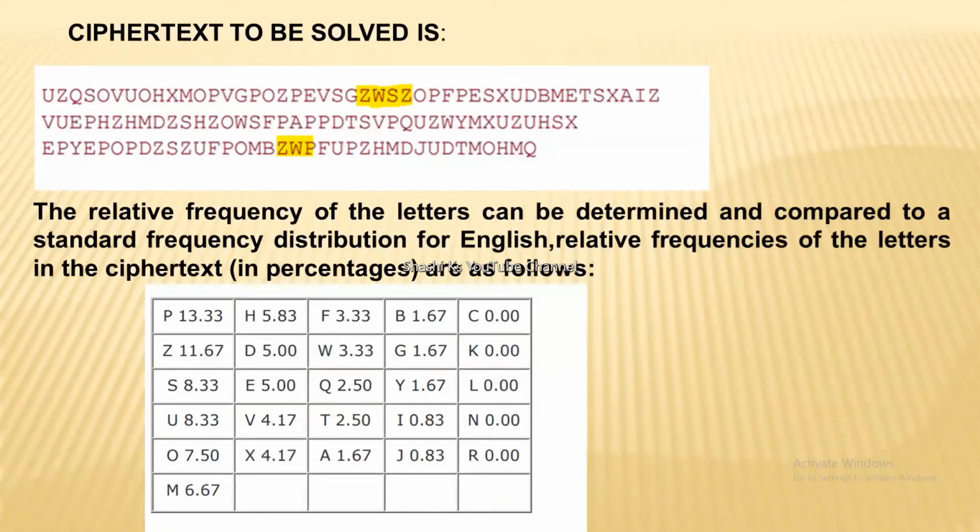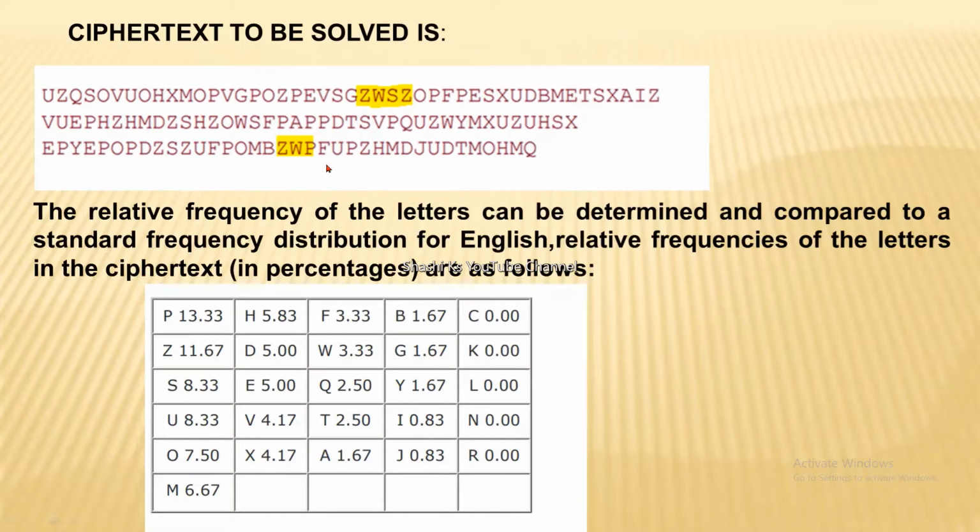Suppose the ciphertext to be solved is this. In a cryptanalysis of a monoalphabetic cipher, the attacker proceeds as follows: the relative frequency of all the letters in the ciphertext is first calculated, and then there is always a standard frequency distribution for all the English letters. The relative frequency of letters in the ciphertext, in percentage, is represented here in this table.